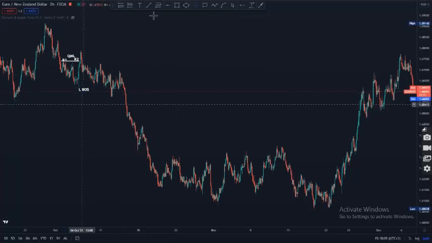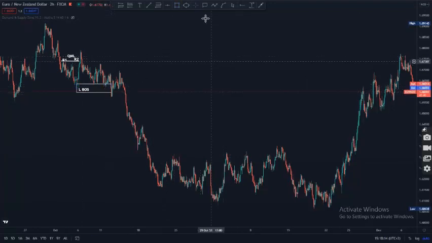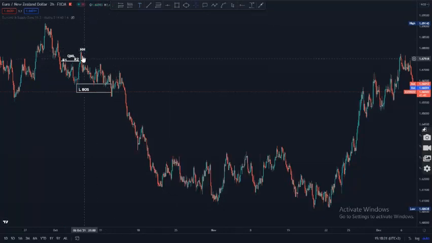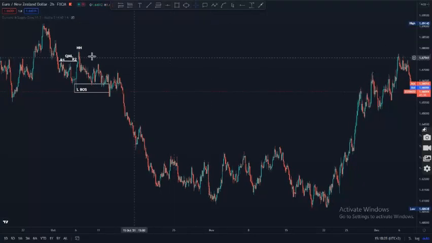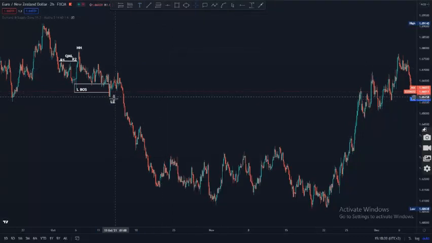Then I had my higher high right here. From here I have another lower low, which completes my QM setup.